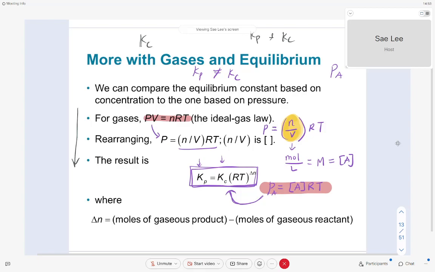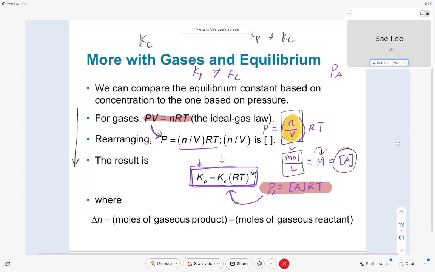To start off, we need to use the ideal gas law, which is PV equals nRT, and from here we rearranged this equation so that P is equal to n over V times RT. And this n over V part is basically moles per liter, the concentration of a substance.